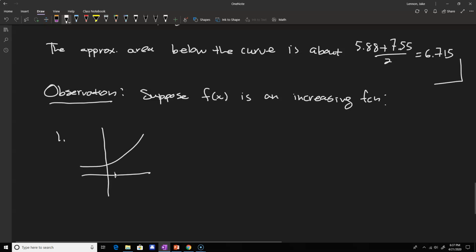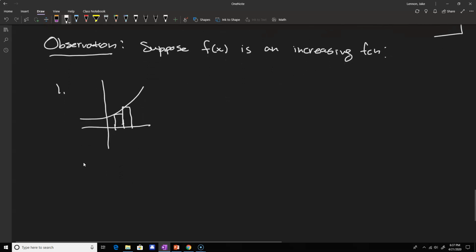If you look at a left-hand sum and you were making some triangles or rectangles, they would be below the curve. So a left-hand sum would be an under approximation of the true area.